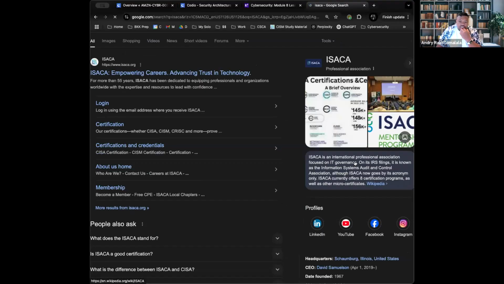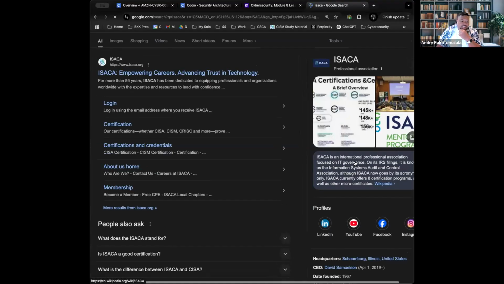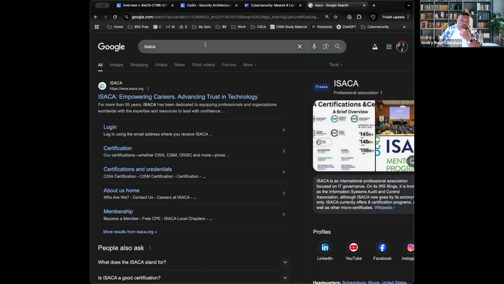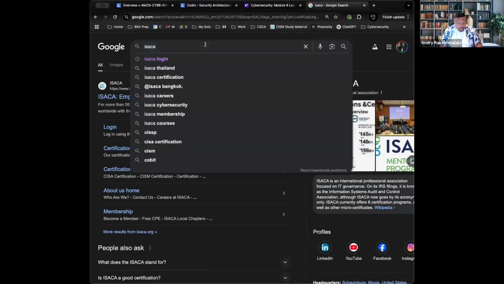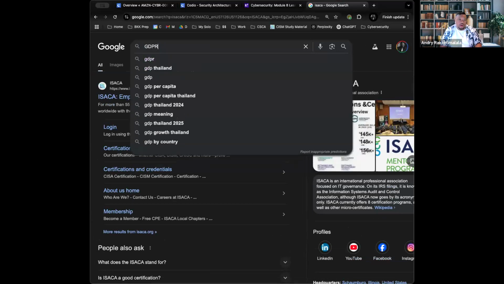IT governance is essentially anything around IT infrastructure, IT access control, and data and whatnot. So they're one of the entities that comes to mind when it comes to overall governance. They are one of the organizations that put out different certifications like CISA. So there's that.